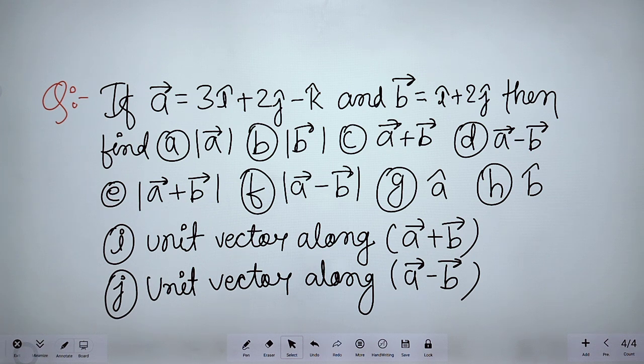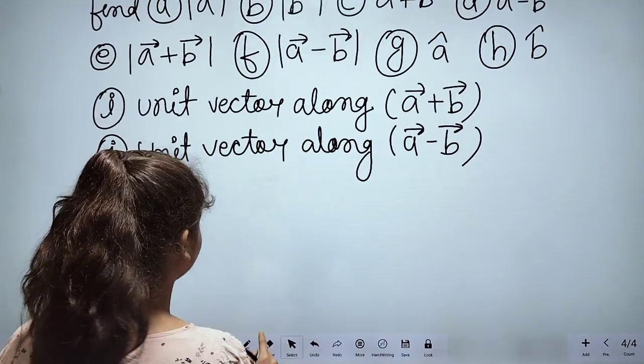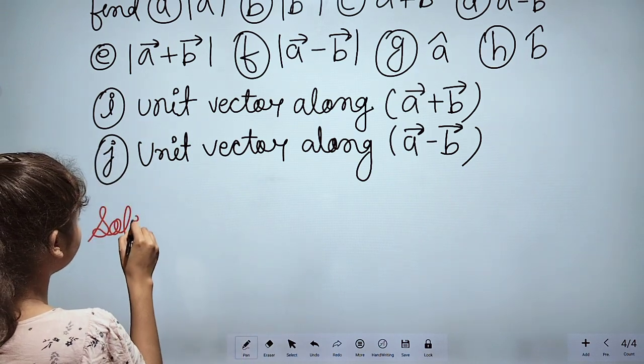Then we have to find the magnitude of A vector, the magnitude of B vector, then A vector plus B vector, A vector minus B vector, the magnitude of A vector plus B vector, the magnitude of A vector minus B vector, then A cap, B cap, and the unit vectors along A vector plus B vector and A vector minus B vector. So let's solve this question.